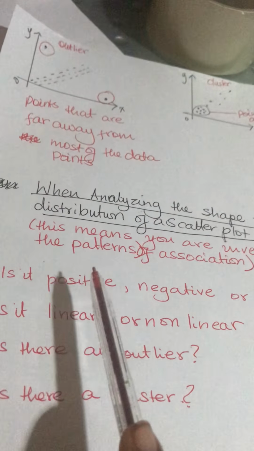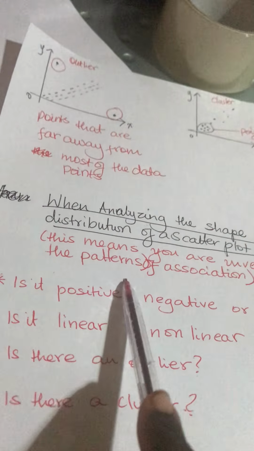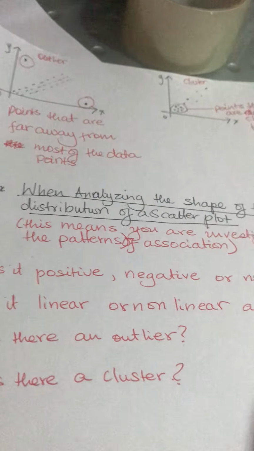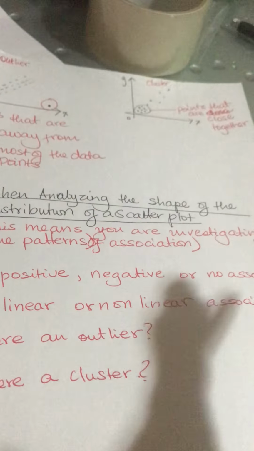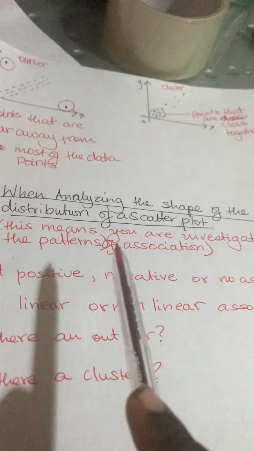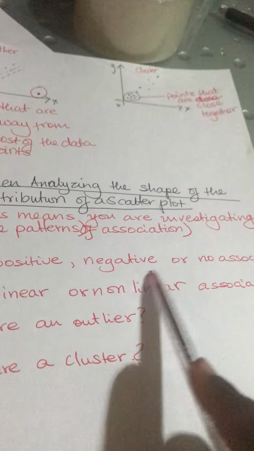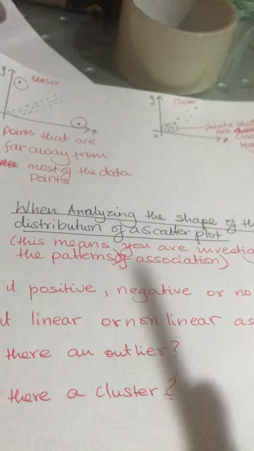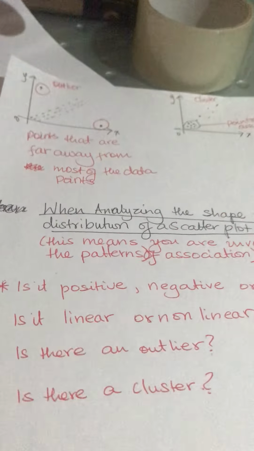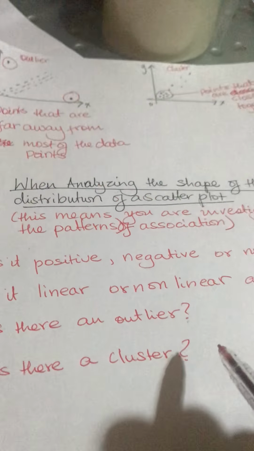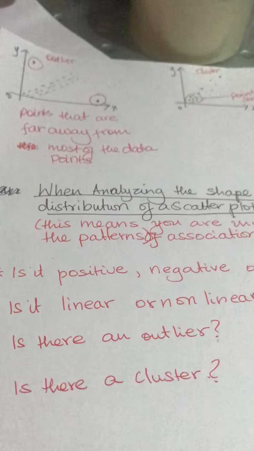So you might say my scatter plot is positive, because as X is increasing, Y is increasing. Don't tell me because the points are going up. You say because X is increasing, Y is also increasing.